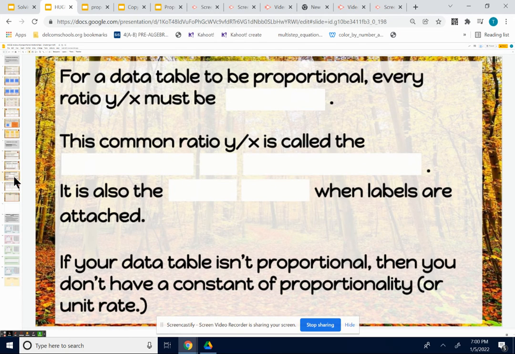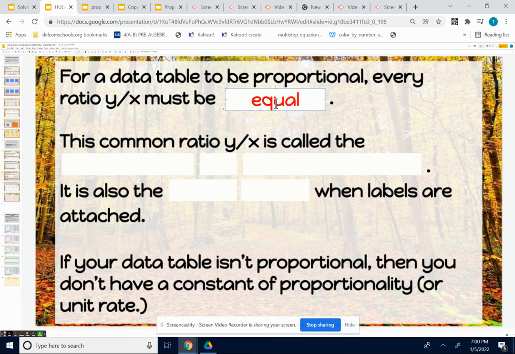I'm going to go over this quickly and let you do a couple more on your own. For a data table to be proportional, these are the big ideas: every ratio y over x must be equal to all the others.